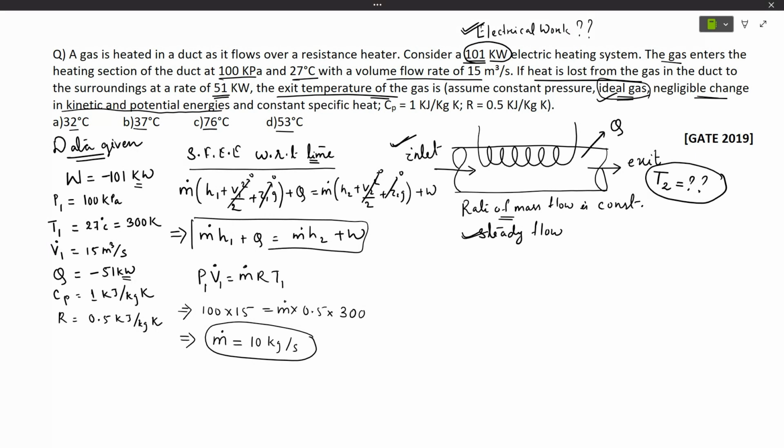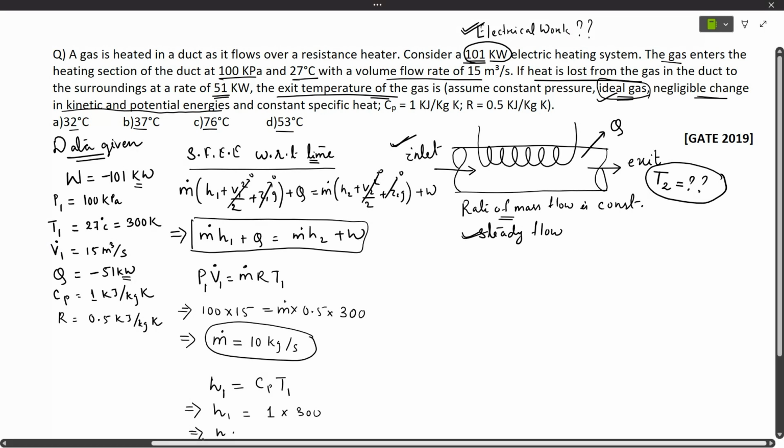Next we have to calculate h1. We know that h equals CpT, so h1 becomes CpT1. Here Cp is given as 1, into T1 which is 300, so h1 is equal to 300 kilojoule per kg.